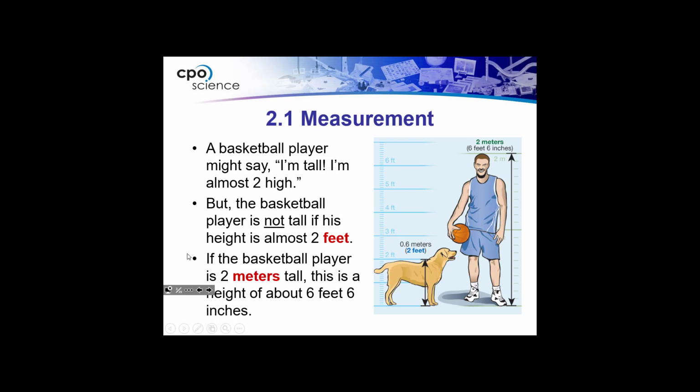That would be the only way that would happen. Most likely, the basketball player would be talking about the fact that they're 2 meters tall. But we don't know that. 2 tells us nothing. We need to have a unit on there to help us quantify what we're actually talking about.